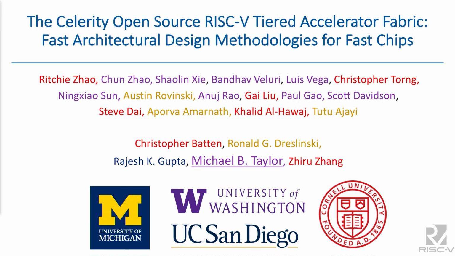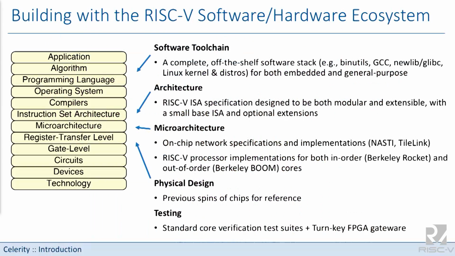The SoC, as I mentioned, is a collaboration with Michigan, San Diego, and Cornell. There are about 20 graduate students working on this project, and 5 professors driving the design of the SoC. We completed it in 9 months. Of course, in order to hit 9 months, we had to leverage a lot of stuff that already existed, and the RISC-V ecosystem was very central in this.